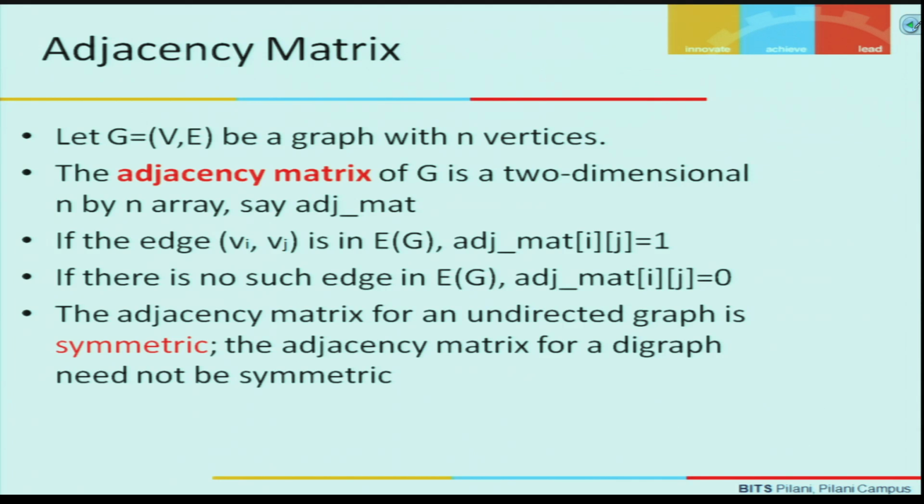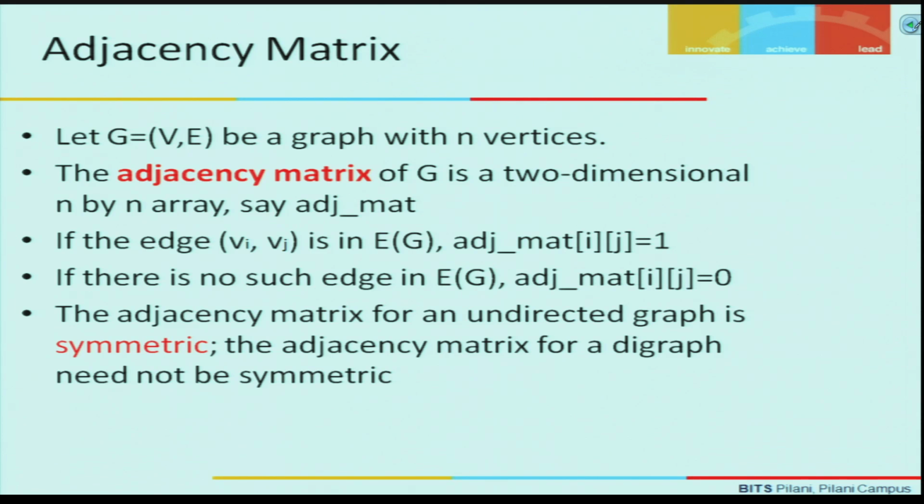In an adjacency matrix, we represent it by a 2-dimensional array or a matrix in which the ijth entry is 1 if Vi and Vj are adjacent, and the ijth entry is 0 if there is no such edge. So, a graph can be represented as a matrix or a 2-dimensional array of size n cross n. The ijth entry is 1 or 0 depending upon whether Vi, Vj are adjacent or not.